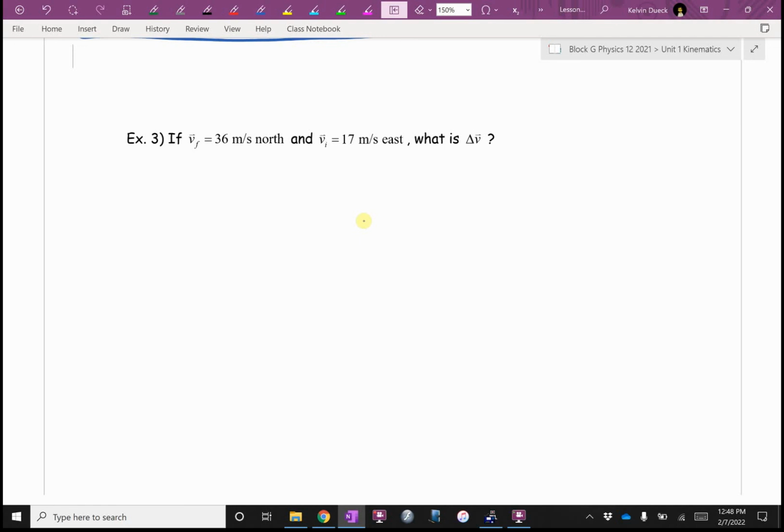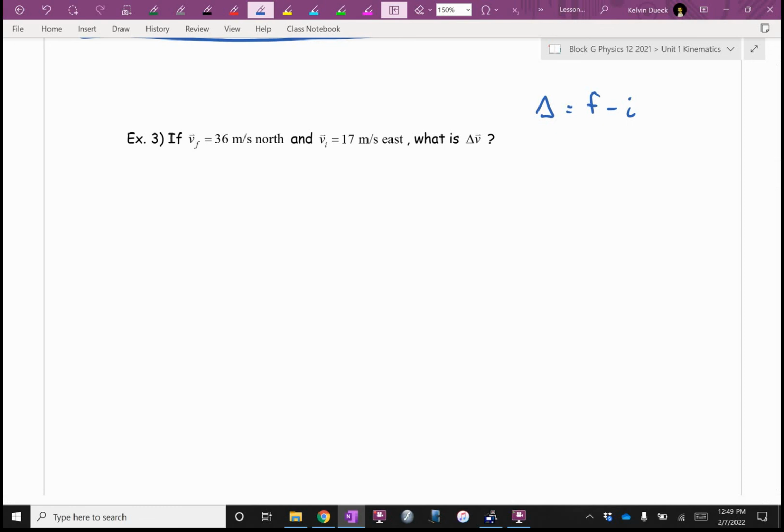On your blue sheet, not on your yellow sheet, you might want to make a little note that delta, which is change in, always means final minus initial. Change in anything is final minus initial.